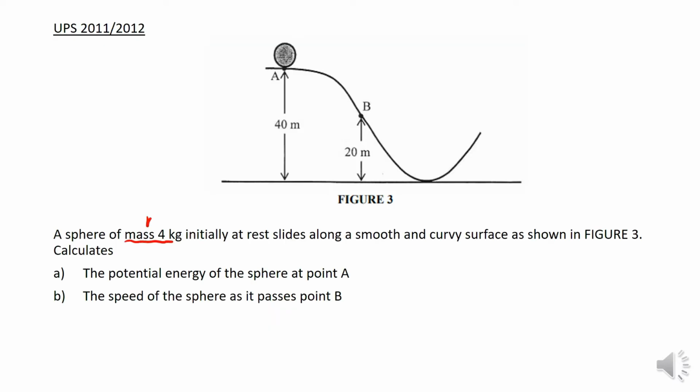Let's look at the first question, UPS 2011-2012, where we have a sphere of mass 4 kg at rest sliding along a smooth and curvy surface. We want to calculate the potential energy and the speed when it reaches a point.